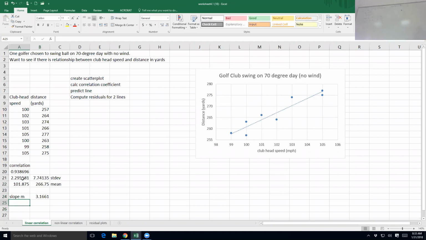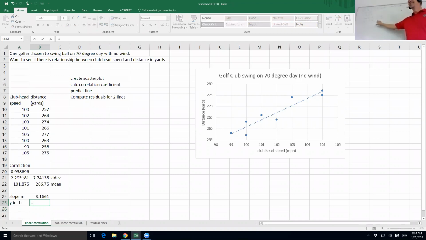Now I need to find my y-intercept b. What's that? Slope is written right here, r times s sub y over s sub x, just using these formulas right here on the board. Now Victor, since you want me to slow down, can you help me with the y-intercept b? So this is y bar.